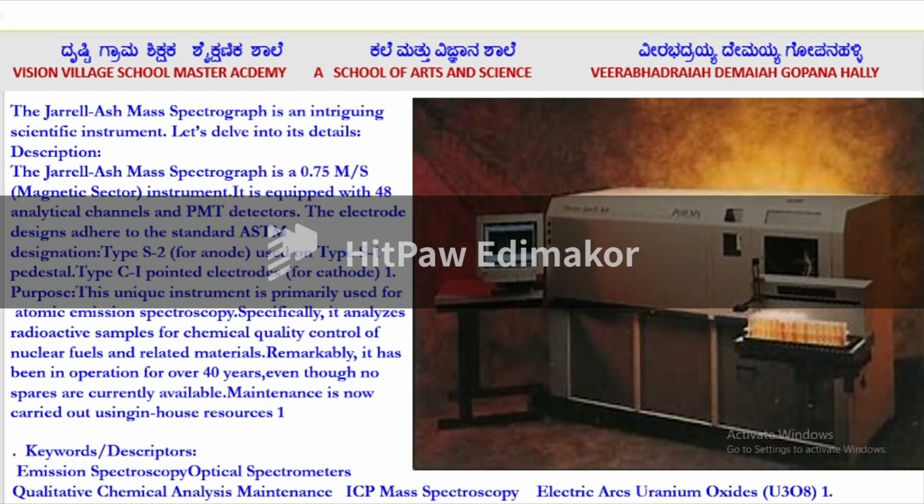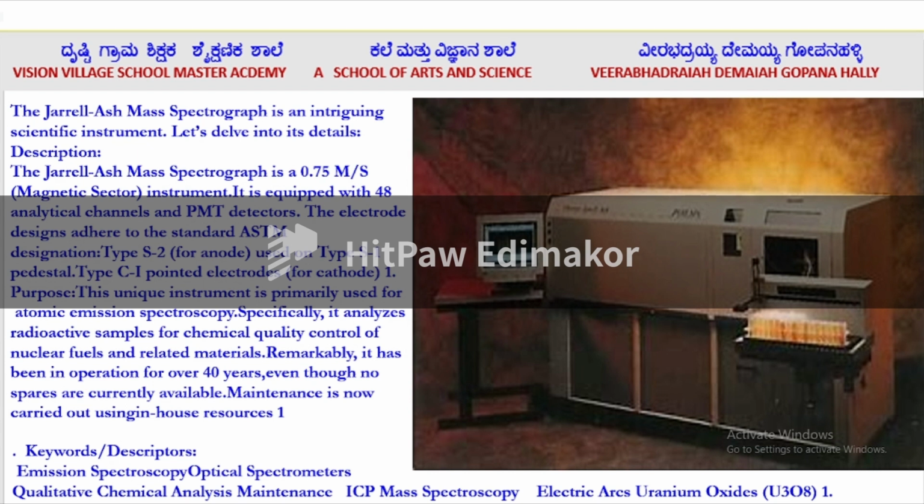Well, this is another, as I told you, the mass spectrograph, an intriguing scientific instrument used with the help of carbon rods. The samples are loaded in carbon tubes, vials you can say, and subjected to the instrument, which is primarily used for atomic emission spectroscopy.